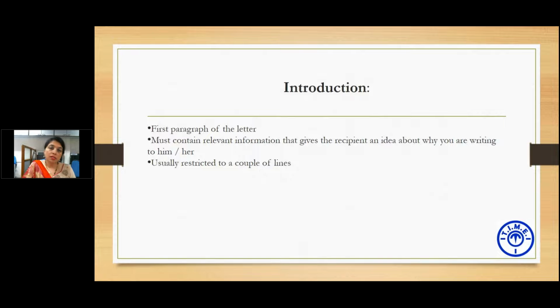That means, much as I say you can write anything under the sun, you should keep in mind the reason that has to be mentioned in this part, else the purpose of writing is not met. And because it's an introduction and the main part will come later, it has to be restricted to a couple of lines.